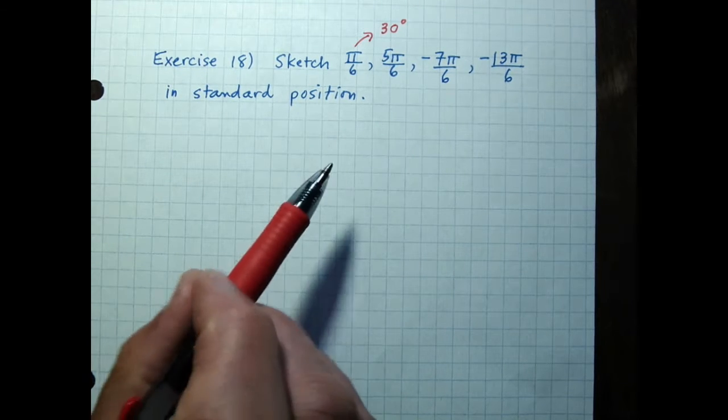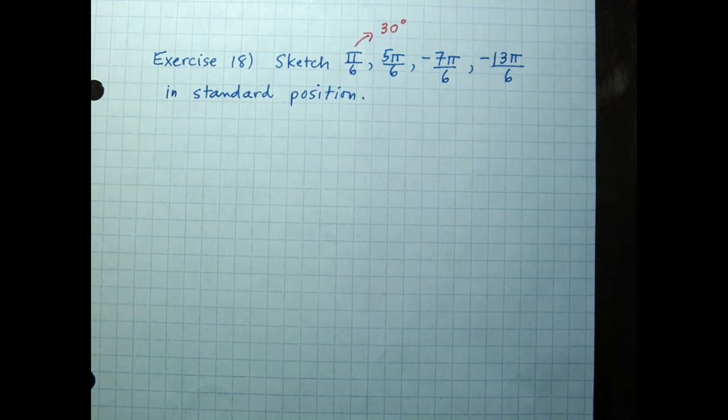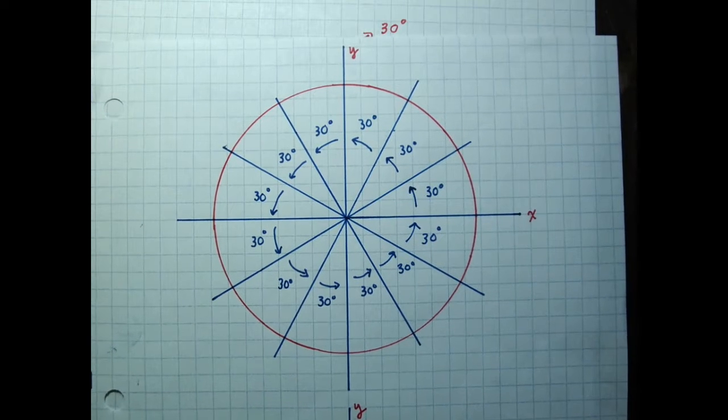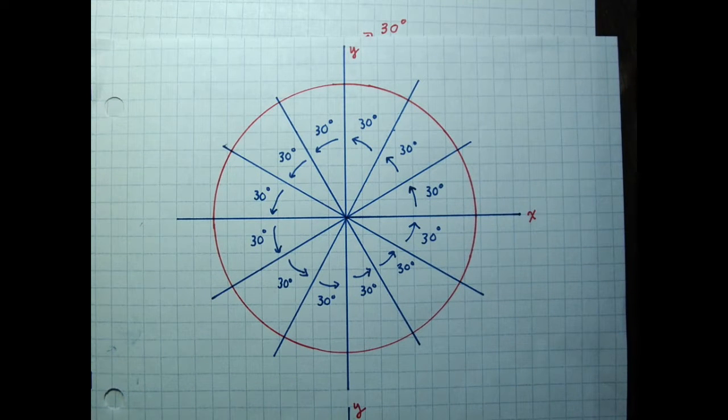And because each one of these can be thought of as a multiple of pi over 6, I'm just going to pull out a diagram here where first I'll show you the multiples of 30 degrees, or a full circle sliced into 30-degree pizza slices, right?